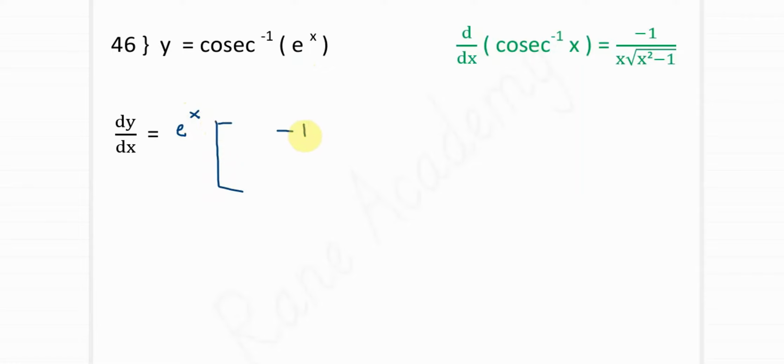So we are just going to replace x by e raised to x. So we have e raised to x under root of, instead of x we have x square, so we'll write e raised to x whole square, that will be e raised to 2x minus 1, and hence we get our required answer.